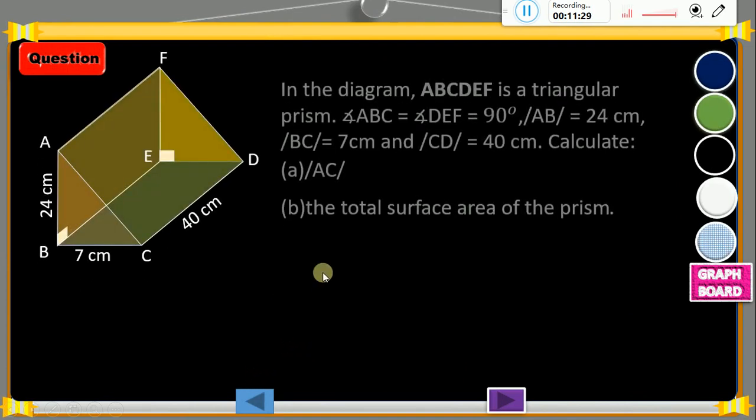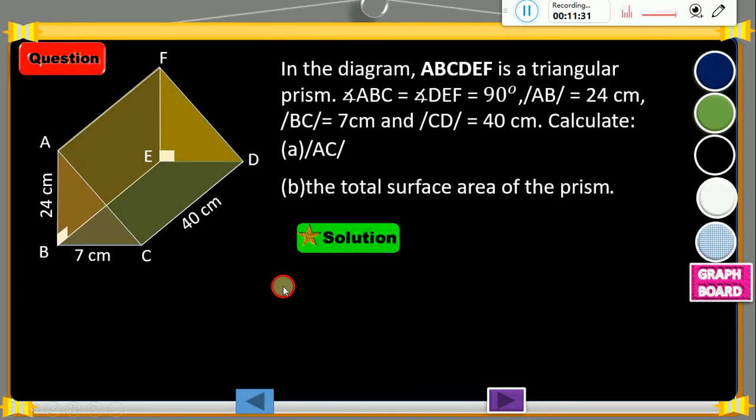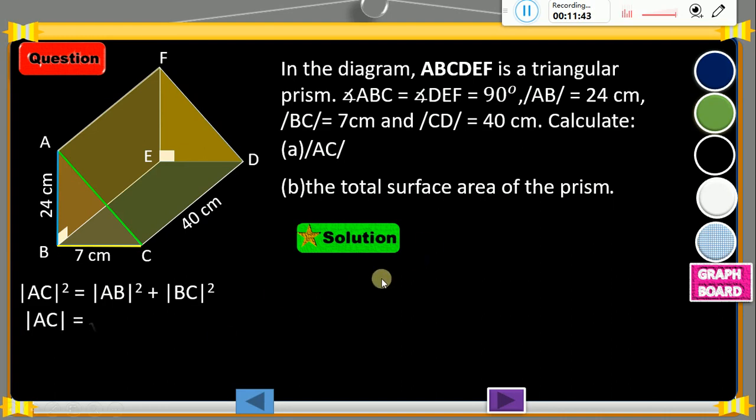The last question for this presentation, question number 5. So that's there, the prism. Now the highlighted side is shown. Then you have AC squared is equal to AB squared plus BC squared. Then AC will now give us the square root of this. Then we'll make substitution into that.